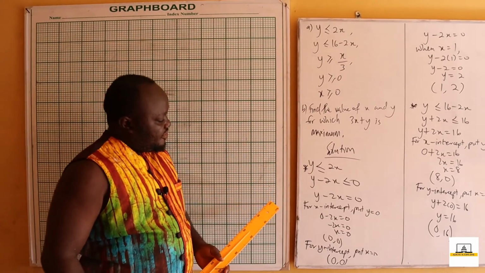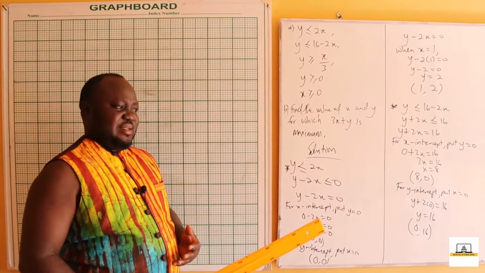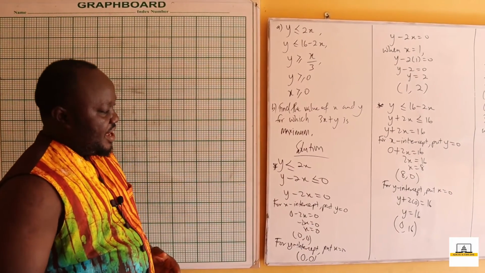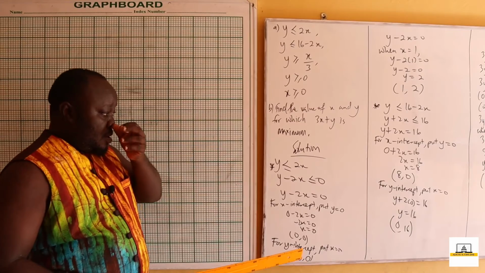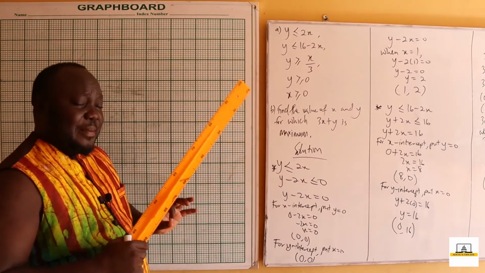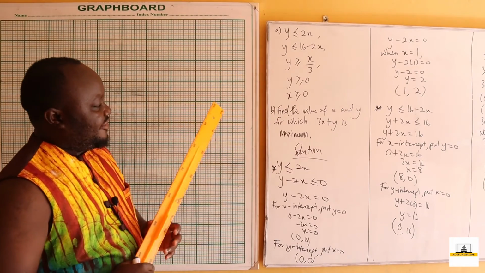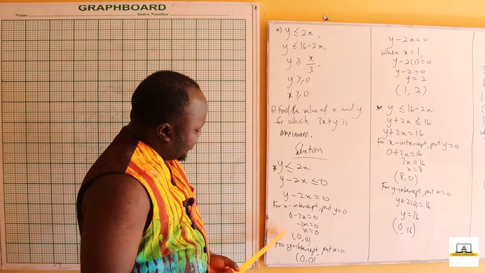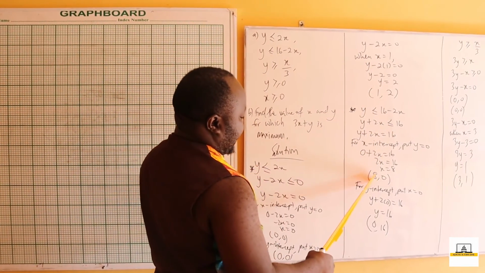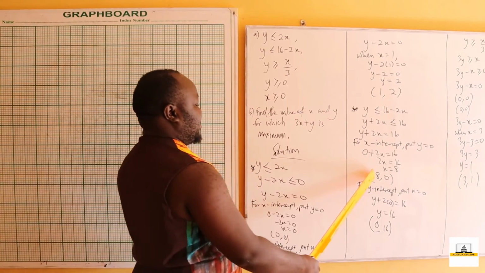Now, to get a reasonable scale, we are going to consider the type of values we are dealing with in terms of x and y. If there are negative values of x or negative values of y, we shall analyze it and see the best possible scale for the graph. My highest value for x is 8.